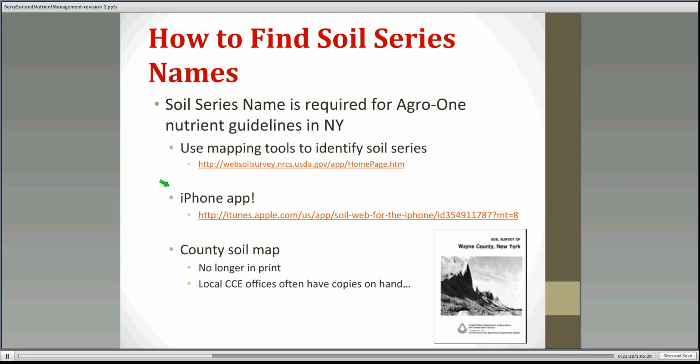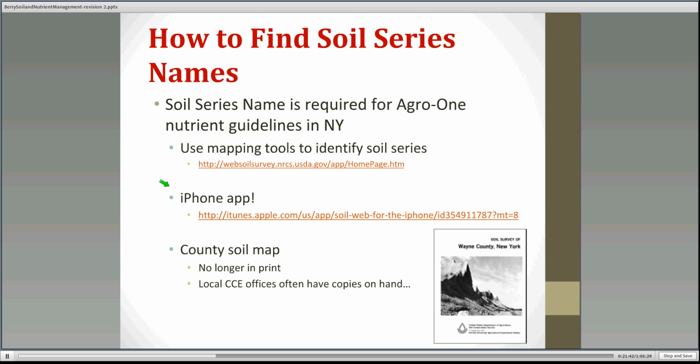So you can go online and use websoilsurvey.nrcs.usda.gov and get the soil survey for your farm, and then specifically get down to the field level and indicate what soil series name is most predominant in the field or the area that you're intending to sample.